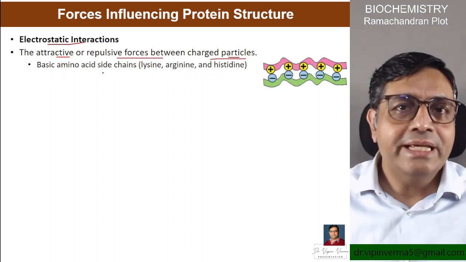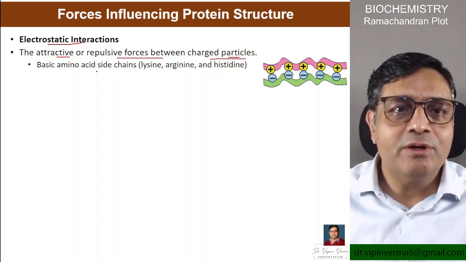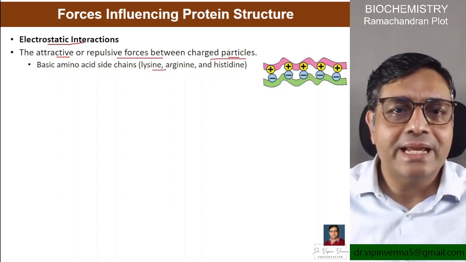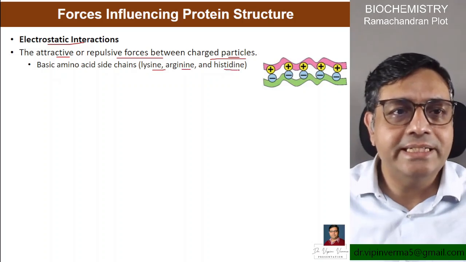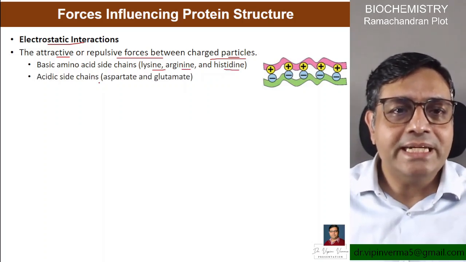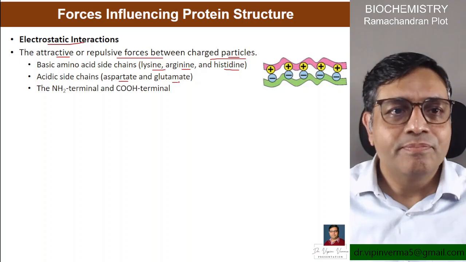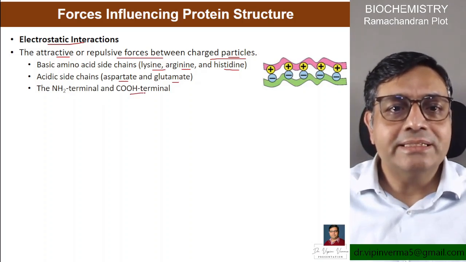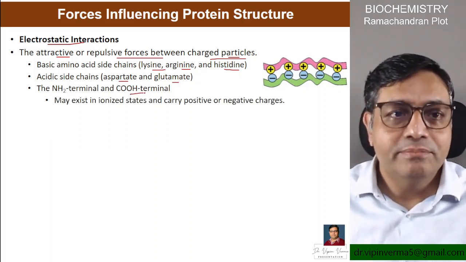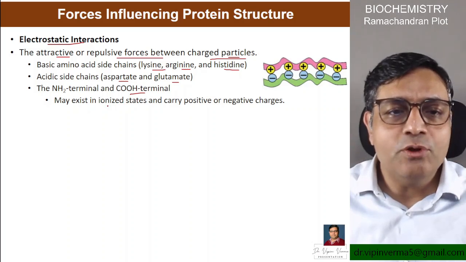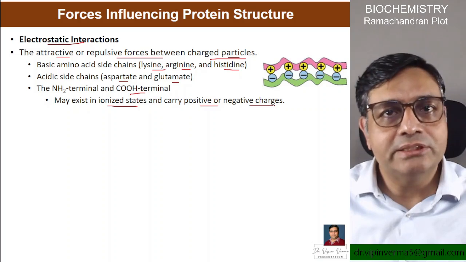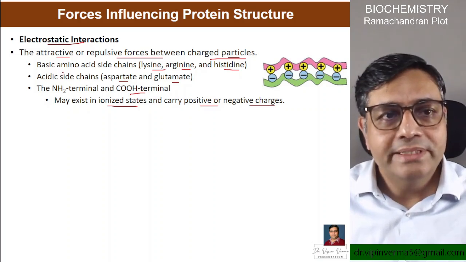When they are in solution, there are the basic amino acid side chains, for example lysine, arginine, and histidine. Then we have the acidic side chains, like aspartate and glutamate, which become aspartic acid and glutamic acid, and the amino terminal and the C terminal of any peptide. So they may exist in ionized states and they can carry positive or negative charges.